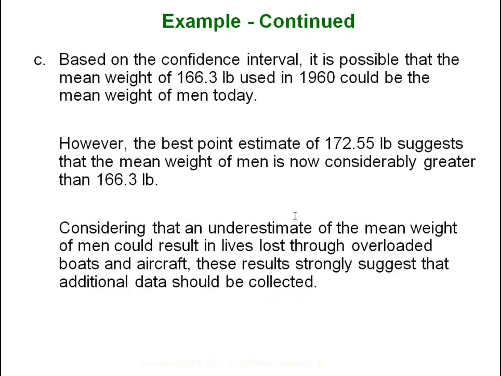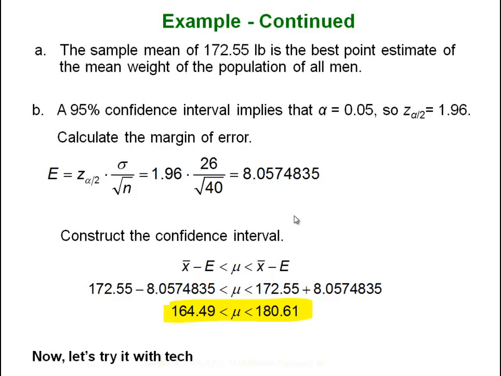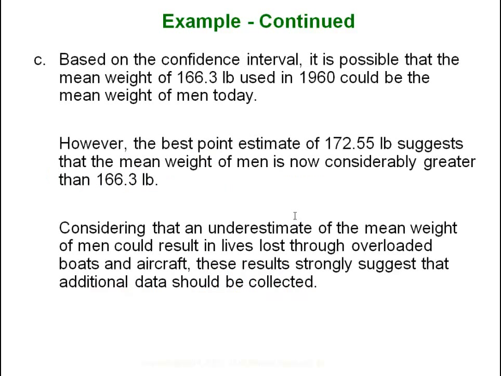How do we interpret our results? Well, the best point estimate is still going to be the sample result, so the average of our sample is the best point estimate of 172.55. Look at this interval, 164.5 up to 180.